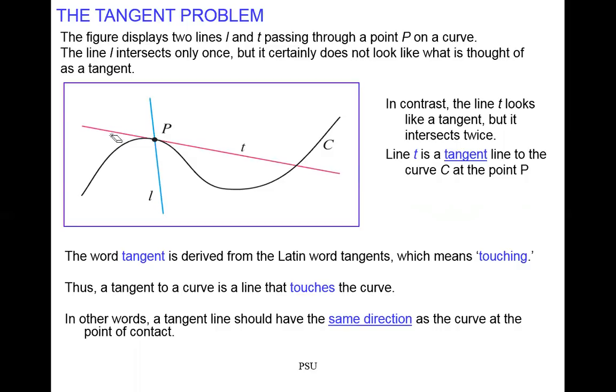But what about the line T, the pink line? Do you think this line is a tangent line at the point P? Yes, thank you, Eric. This is definitely a tangent line, if I'm just looking at a really close interval on the left and on the right-hand side of the point P, including point P. And of course, I am proving that the word intersecting is not adequate, because we do have another point I can call point Q. But in calculus, we're not looking at the whole big picture.